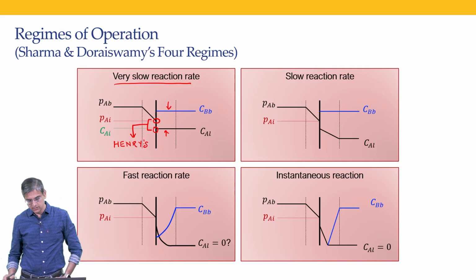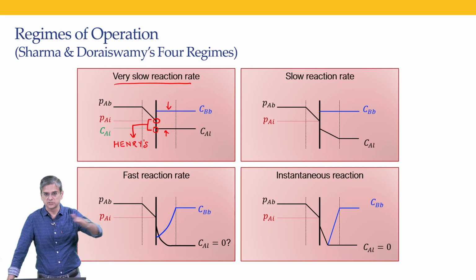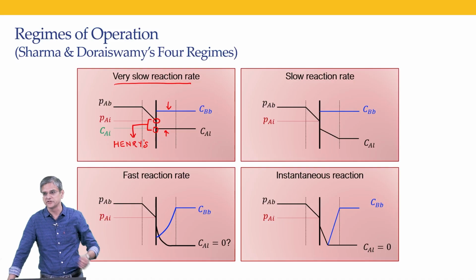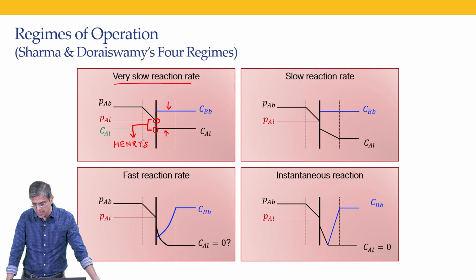And the overall concentrations are going to be equal to the bulk concentration and the interfacial concentration. So, that is the case when you have extremely slow reaction rate.